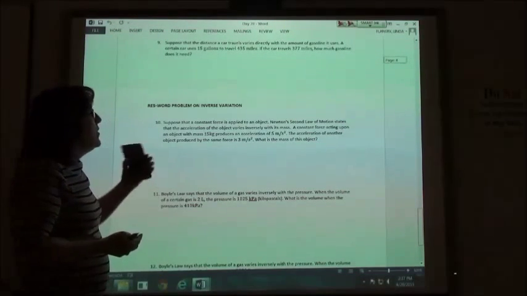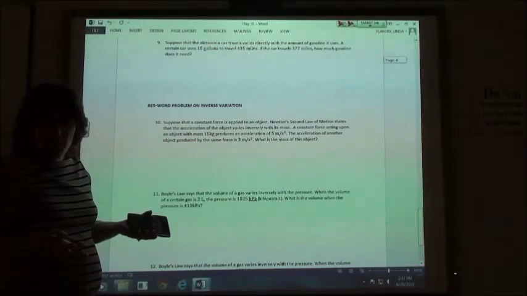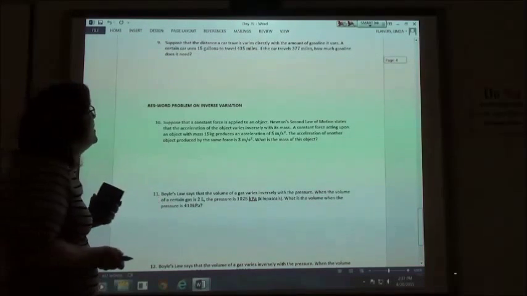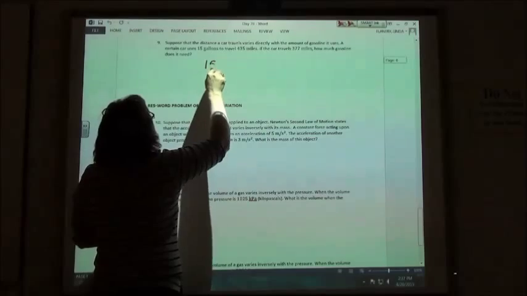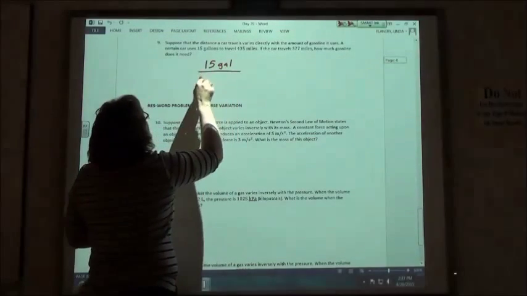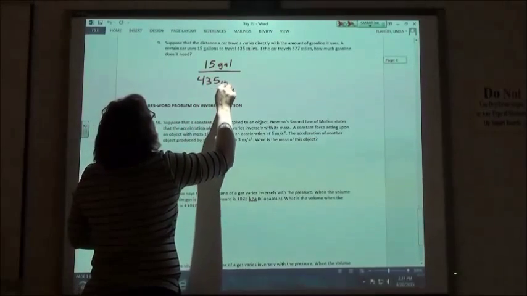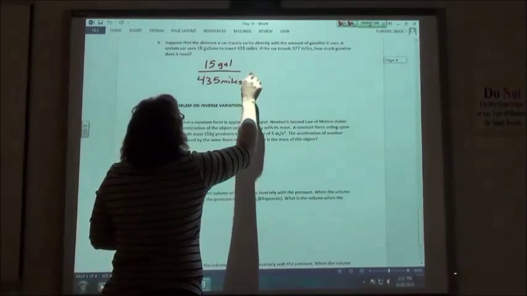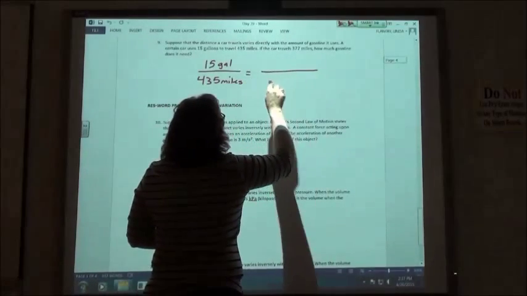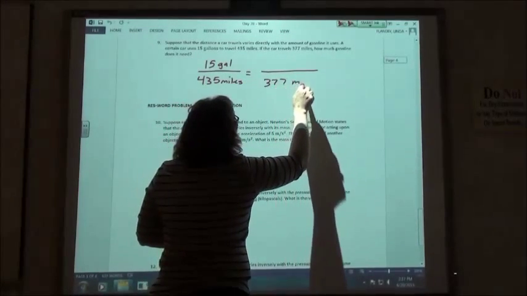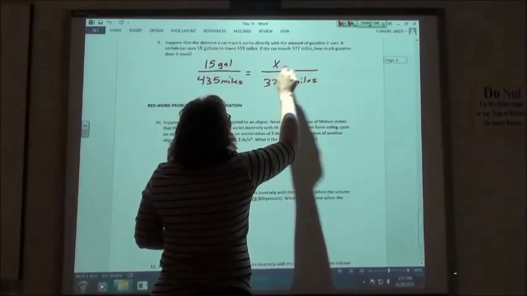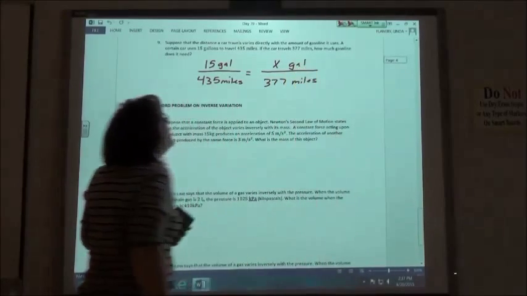So, the more miles you drive, the more gas you're going to use. 15 gallons takes me 435 miles. We want to go 377 miles and want to know how many gallons of gas we are going to use.